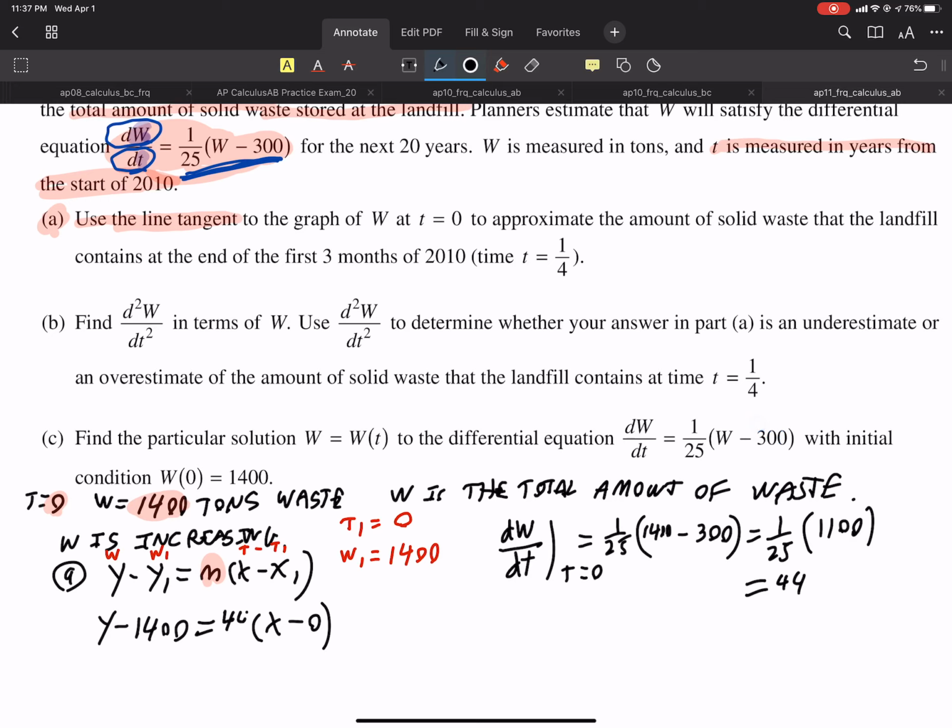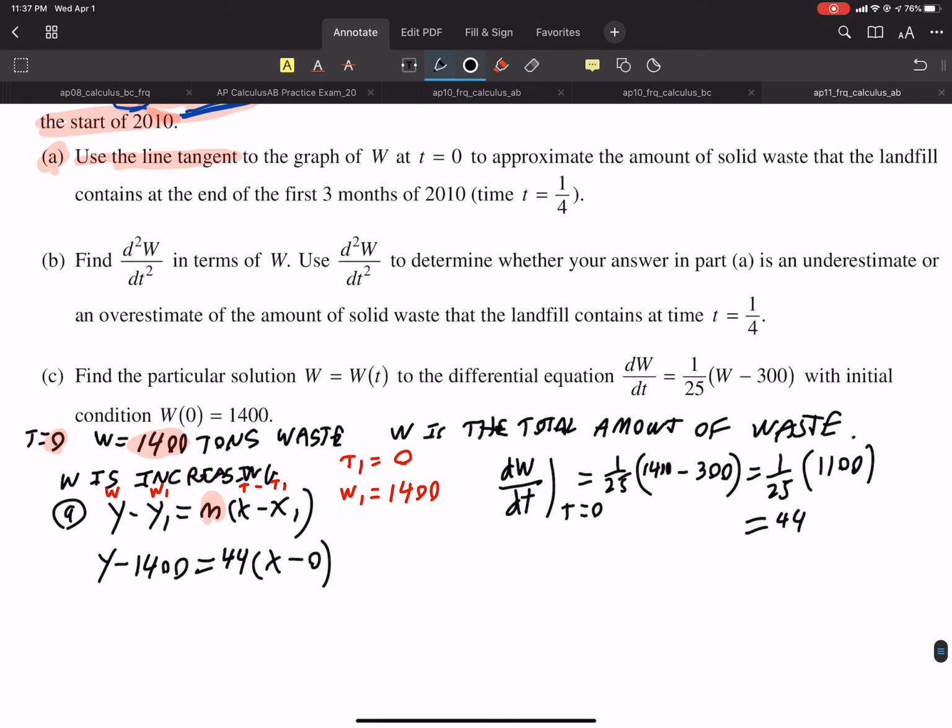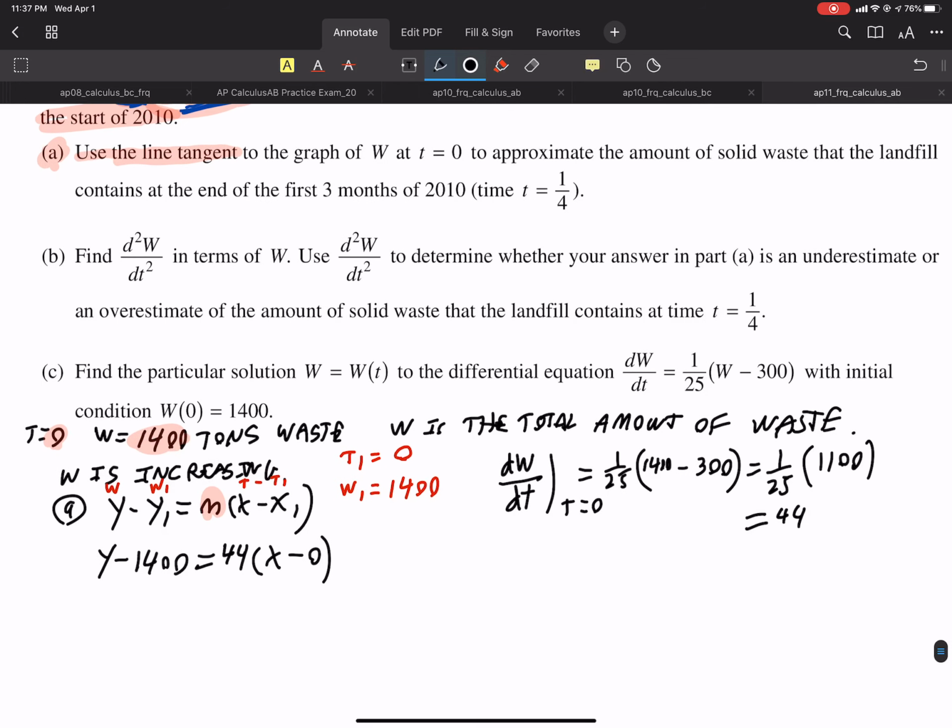So from that, we get that equation. That is the tangent line. And we want to approximate the amount of solid waste in a landfill. So we want to approximate W, which is the actual amount of solid waste, at 1/4. And it approximately equals, if we solve for y, 14,000 minus 44x.